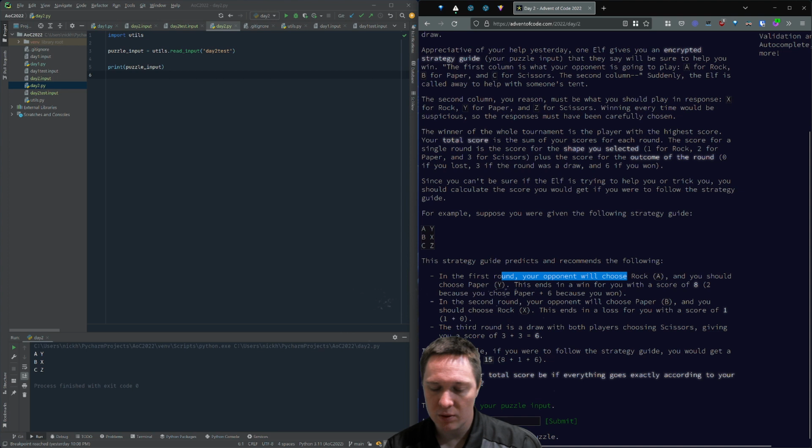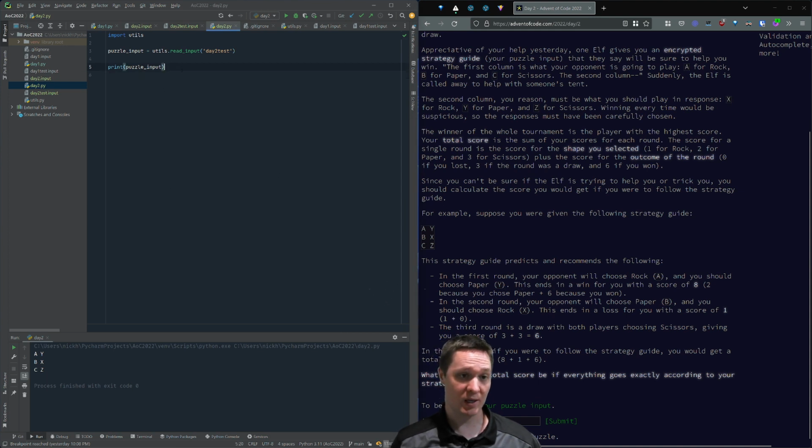In the first round, okay, so the strategy guide says choose rock. Or your total score would be if everything goes exactly... Okay, so we don't have to play rock, paper, scissors. We just have to figure out what the score is if the game plays out according to this.